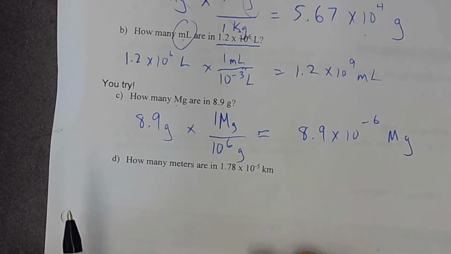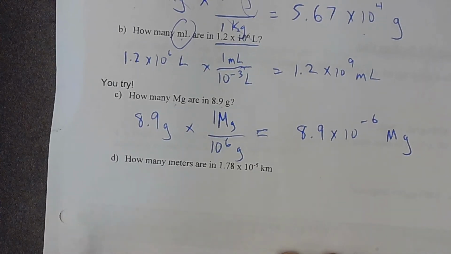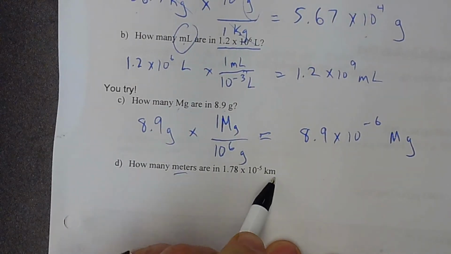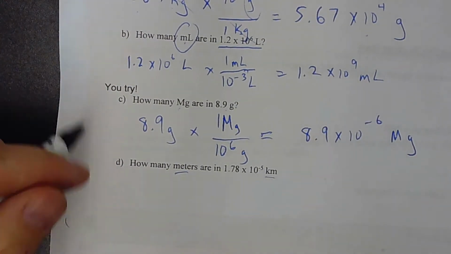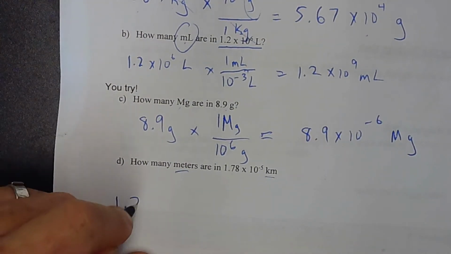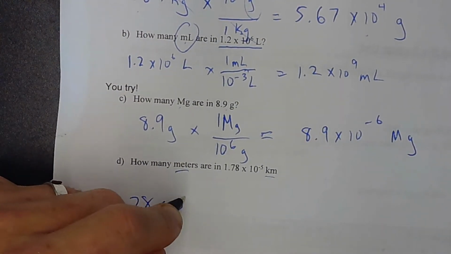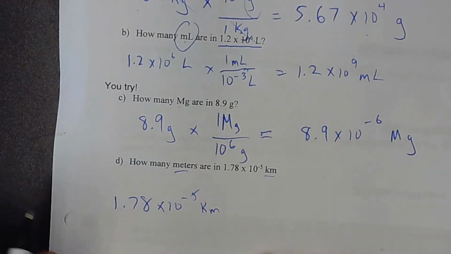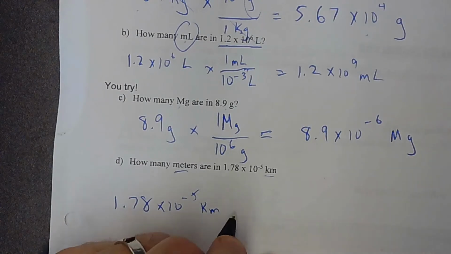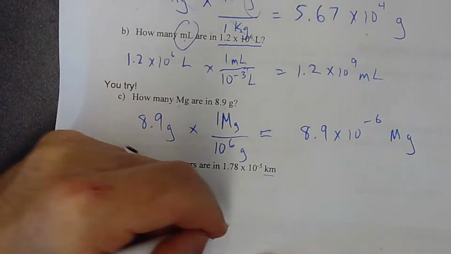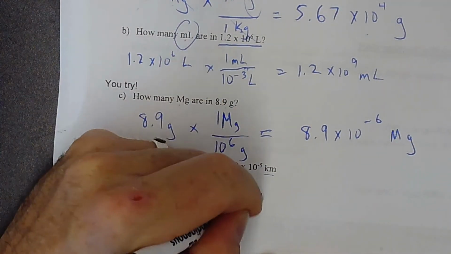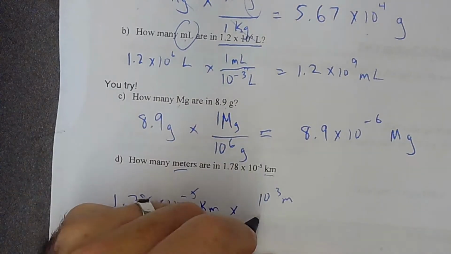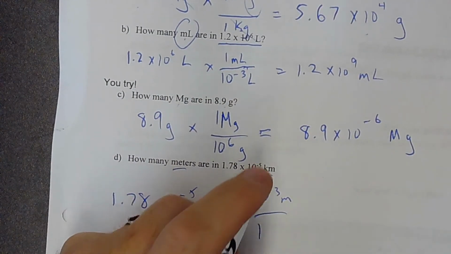Next one, how many meters in 1.78 times 10 to the negative 5 kilometers? So kilometers and meters, that's where we're going. What we have is 1.78 times 10 to the negative 5 kilometers. And then we're going to go 10 to the 3 meters over 1 kilometer.